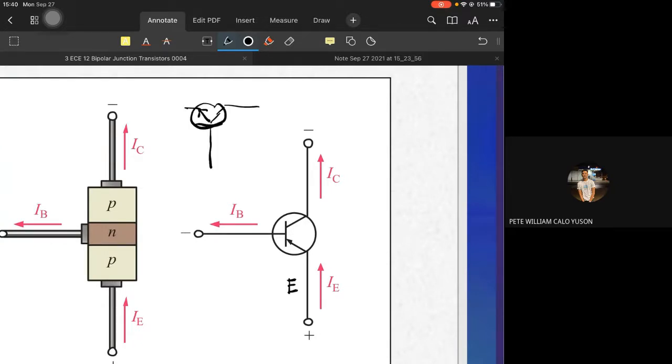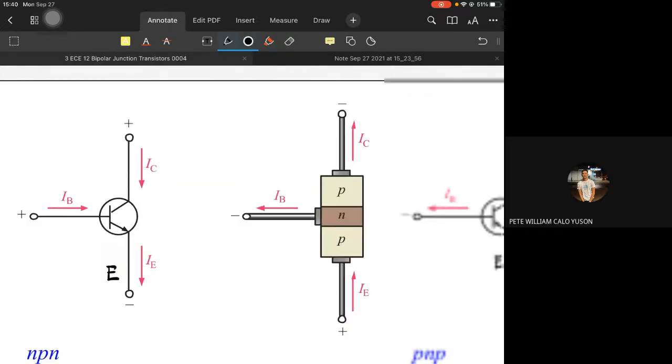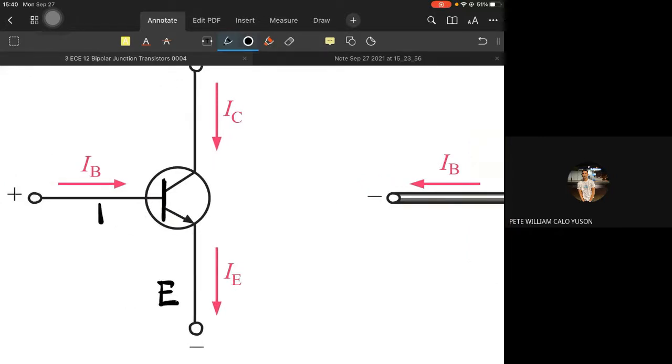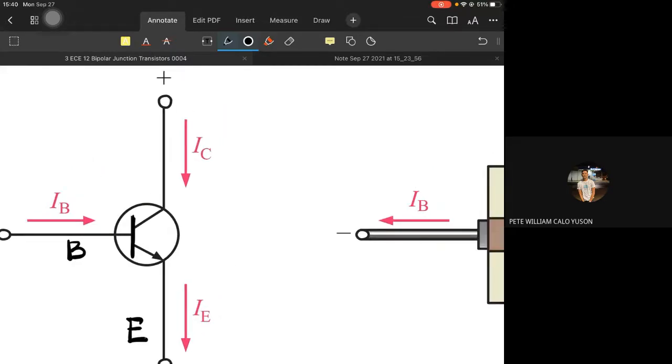No? So again, kung asa ang arrow, dito ang emitter. Kung asa ning vertical line, kana ang base. And the terminal that's left is ang collector.